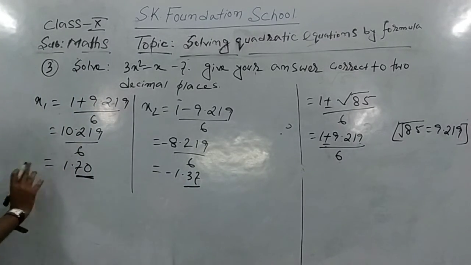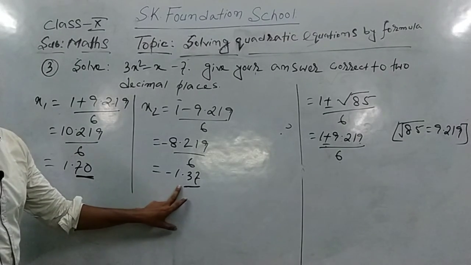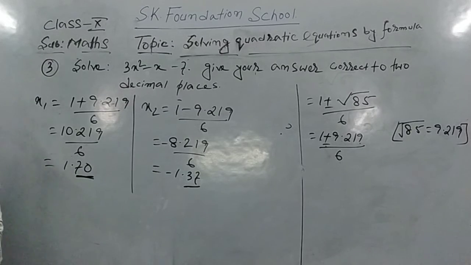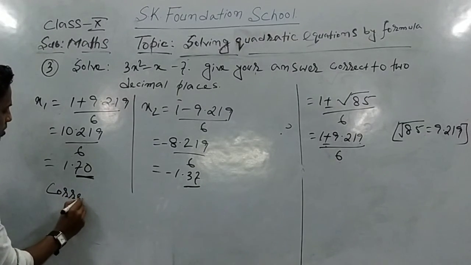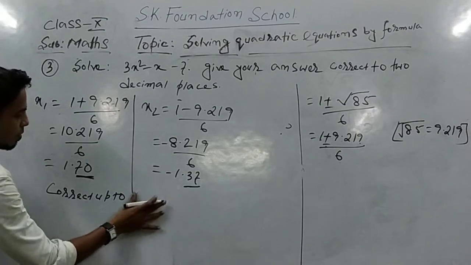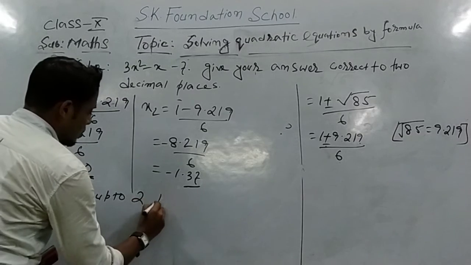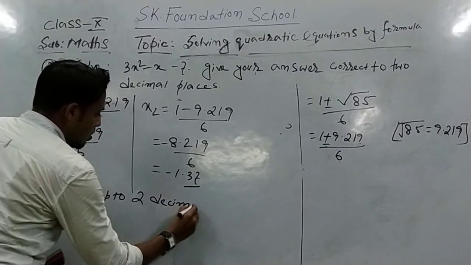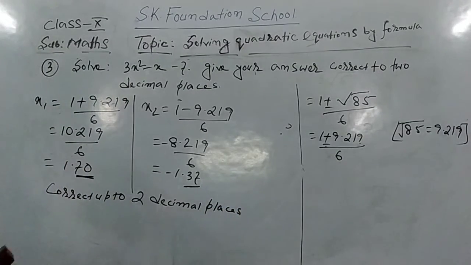So the first root is 1.70 and the second is minus 1.37. Understood? So here, correct up to 2 decimal places, or 2 dp. Okay, clear?